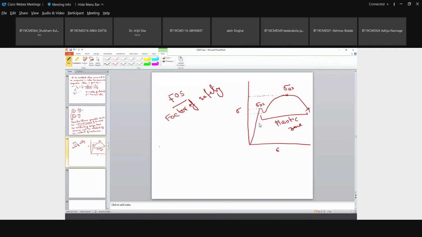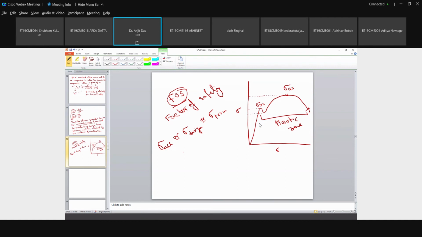The allowable stress, sometimes given as the design stress, or sometimes written as the permissible stress, may be expressed with the help of the factor of safety.